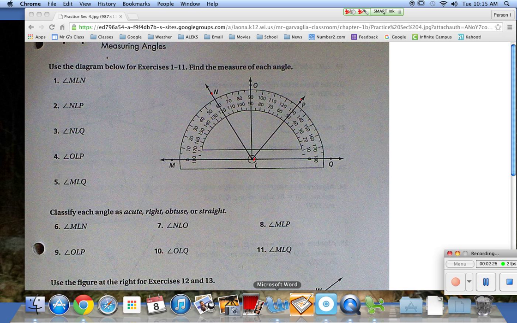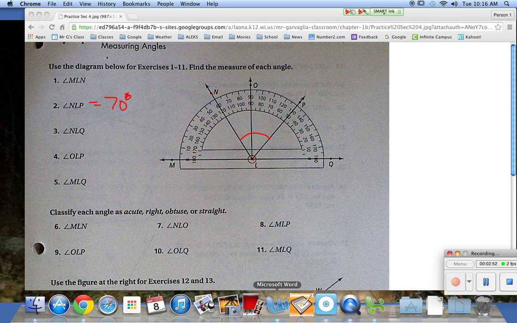So we're looking at this angle in here. What is that measurement? Can you count it? 10, 20, 30, 40, 50, 60, 70. See how we counted across this? This is 70 degrees. That's measuring angles right now, yes.